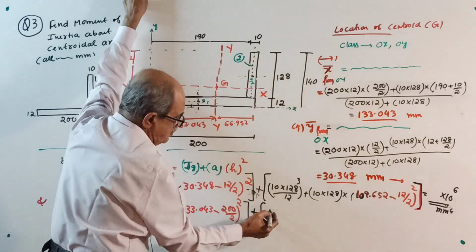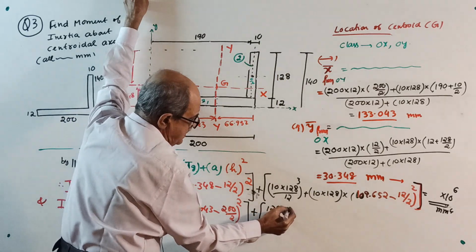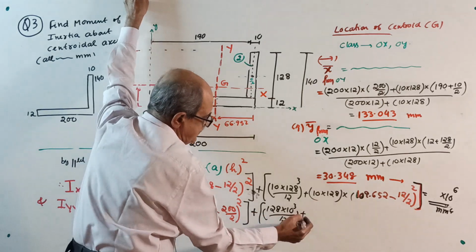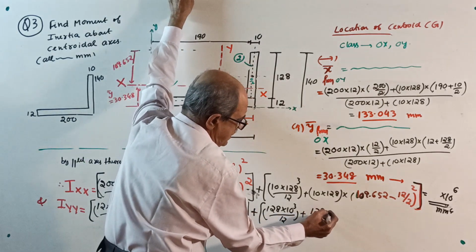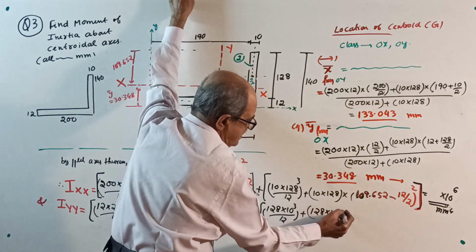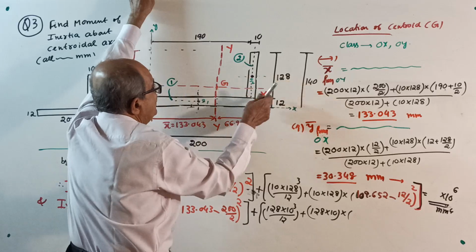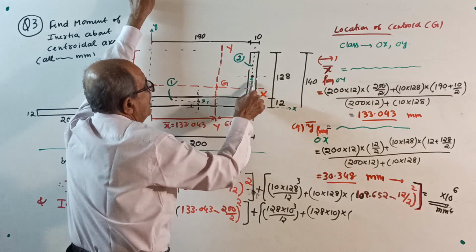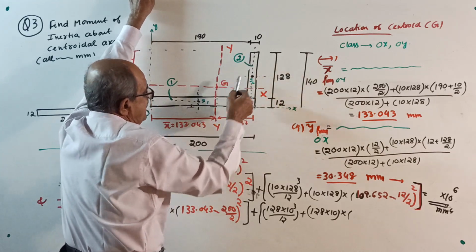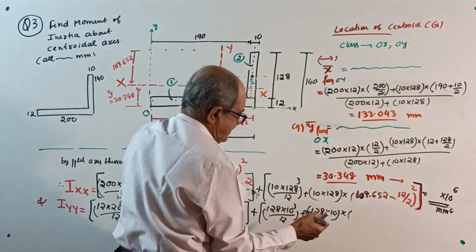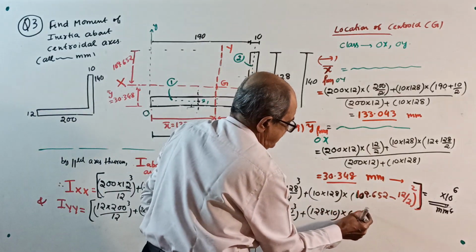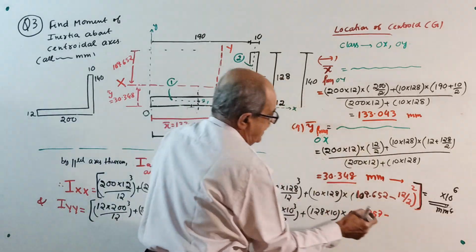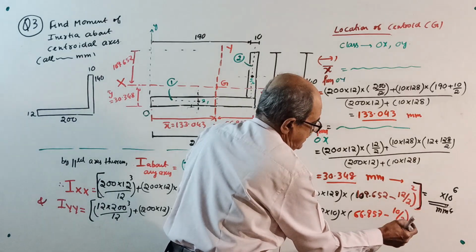128 into 10 cube divided by 12 is Ig, plus area, 128 into 10 is the area, into this distance square, which is 66.957 minus half of 10, whole square.